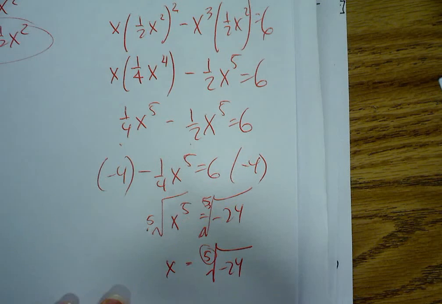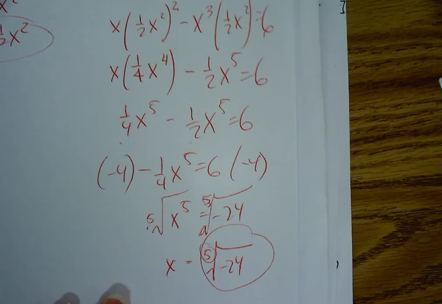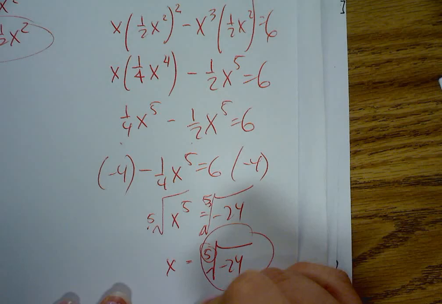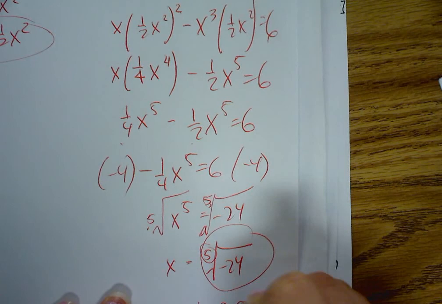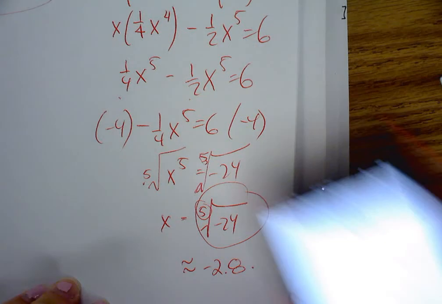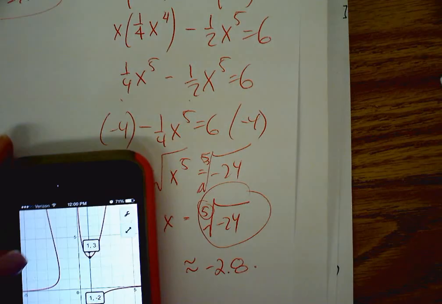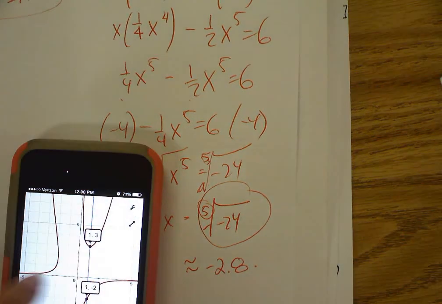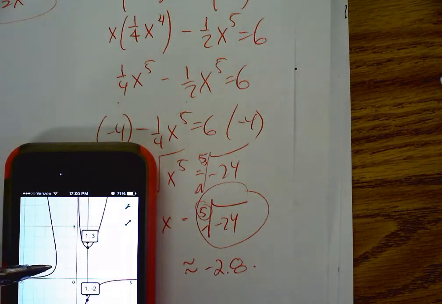So that is my answer, about negative 2.8, and that is one place where my x value gives a vertical tangent. Ah, that was crazy. Like I told you, right there at about negative 2.8 we have a vertical tangent.